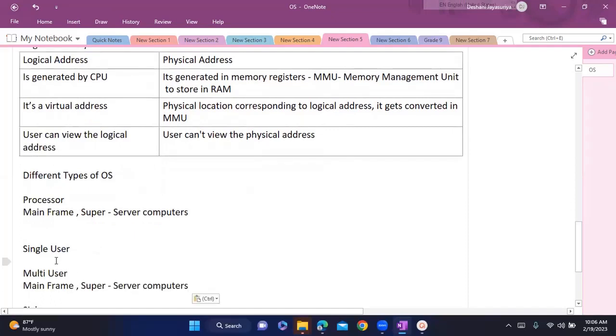Single user are these ones, personal computers, which use Windows and Mac OS.